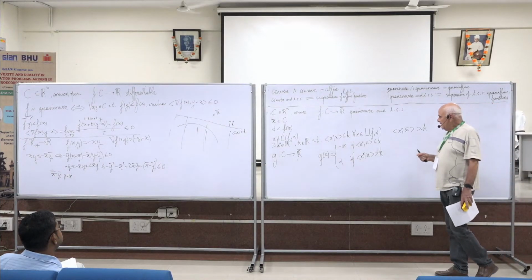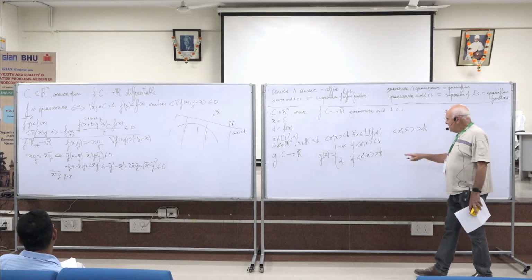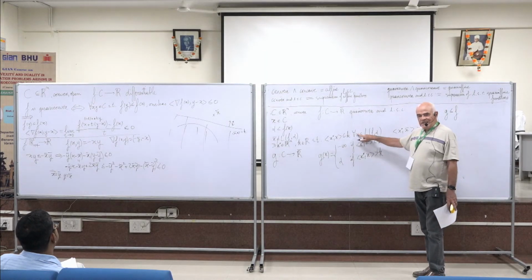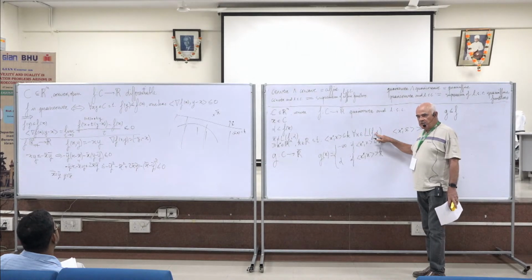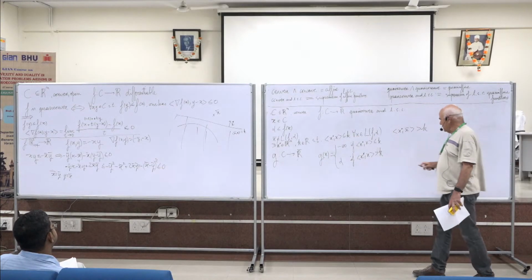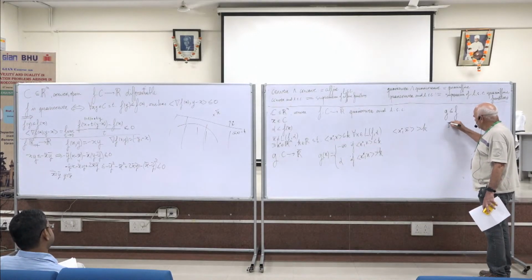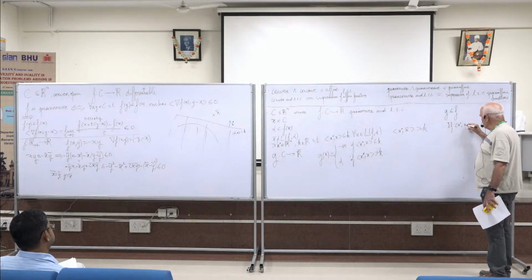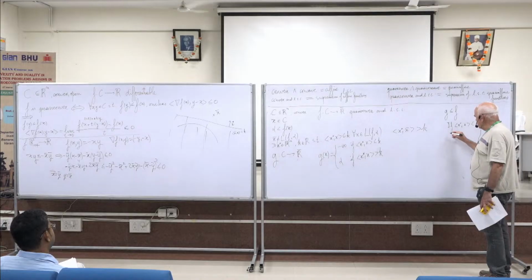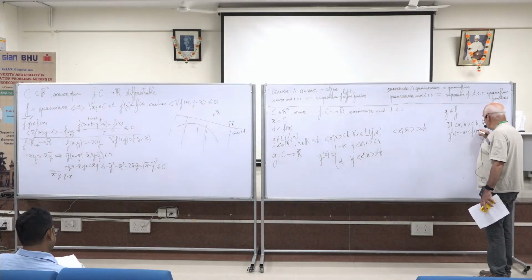Now, if x star x is greater than k, then this x is not in this lower level set, because all points in this lower level set satisfy the opposite inequality. So I want to write everything. First case, if x star x is less than or equal to k, this is the case I already considered, then g of x is minus infinity, which is less than or equal to f of x.